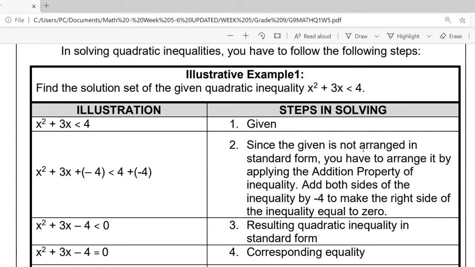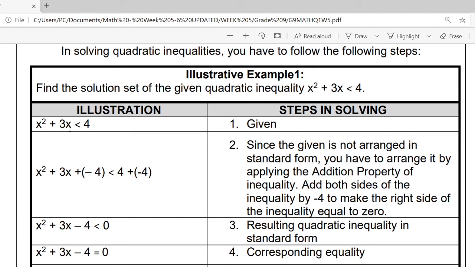Since the given is not arranged in standard form, you have to arrange it by applying the addition property of inequality. You will add -4 to both sides of the inequality to make the right side equal to 0.